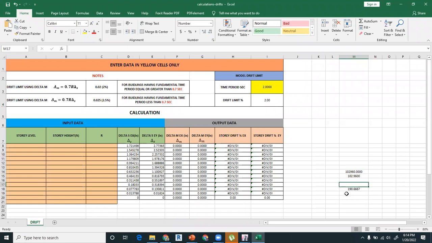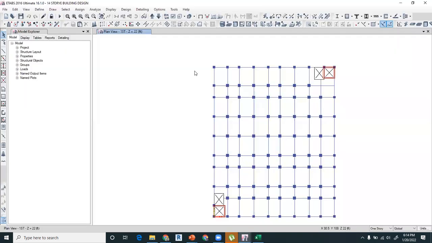So now you have to divide this load. I'm getting a very high load, don't know why. This is 20 into 27 feet. This comes out to be 190 pounds per square foot, right? So then you have to apply this load on the slab in this model.